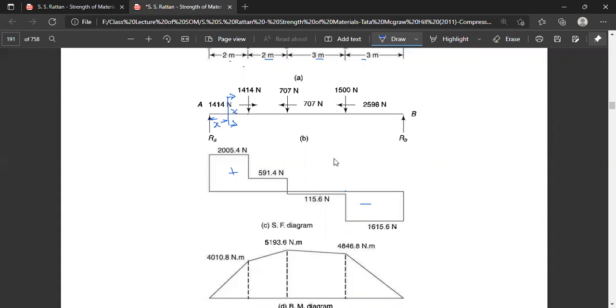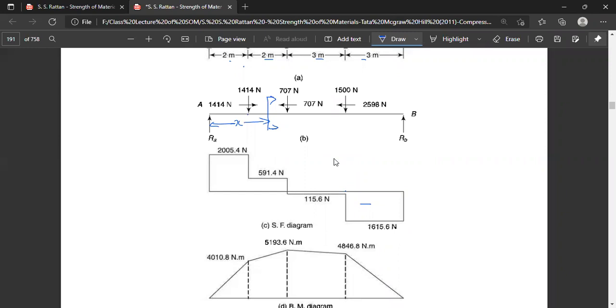And now, if we take the bending moment again in another section here, say at a distance X from the end A, then the distance from A to C is 2 meters.